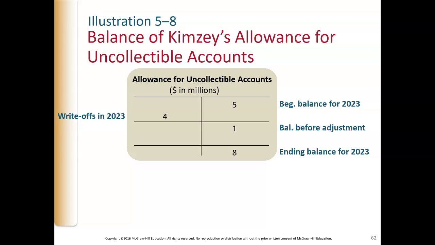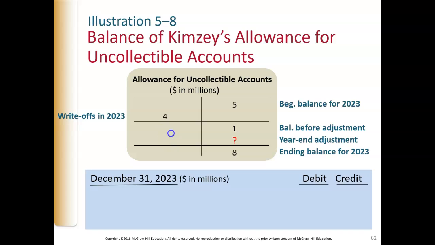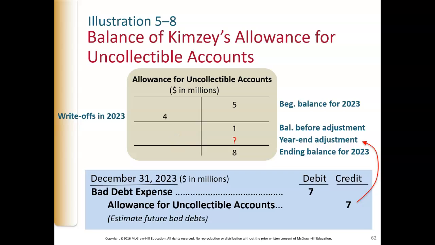We expect it to be 8. But don't we have $1 million sitting there? That's the key. Don't forget this. What's the adjustment we're going to make? It's not $8 million. It's only going to be $7 million. Because we overdid it in one year, we got to make adjustments in the next year.